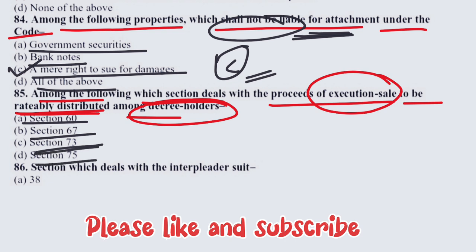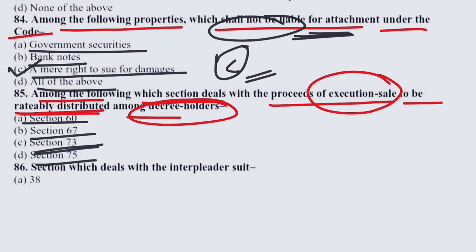So in this case the correct option would be option C, that means section 73. As per the provision of section 73 of the Code, it provides for the proceeds of execution sale to be ratably distributed among the decree holders. So option C would be the correct answer.